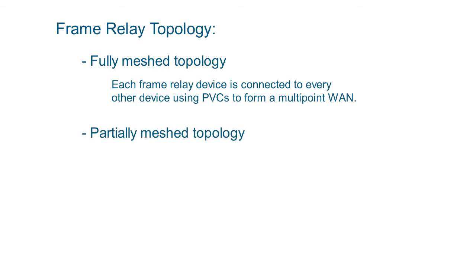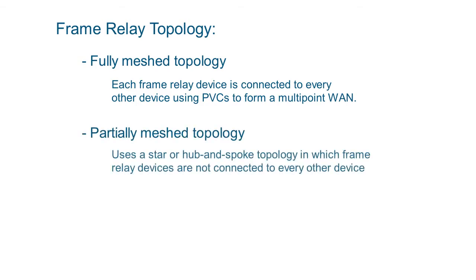Partial mesh topology. This implementation uses a star or hub and spoke topology, in which frame relay devices are not connected to every other device in the frame relay cloud. Network designers should be careful when adopting this configuration, to prevent split horizon problems.